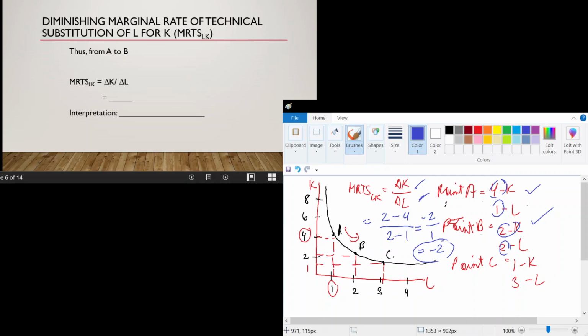So, negative siya. It reflects na kailangan natin mag-give up in order to add an additional unit of the other input.